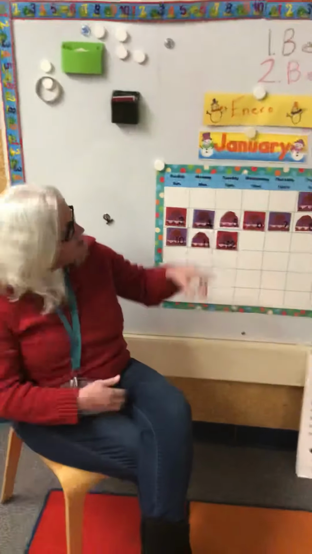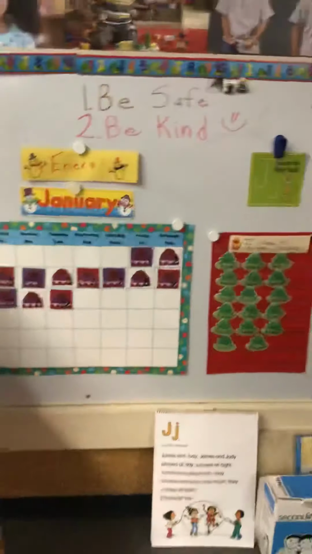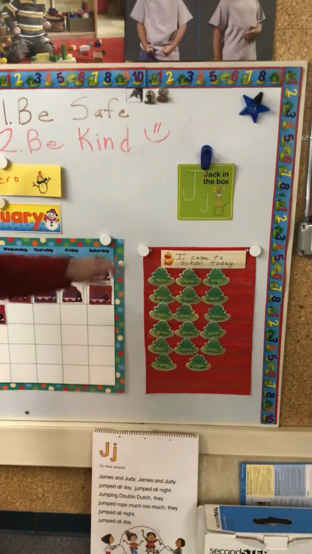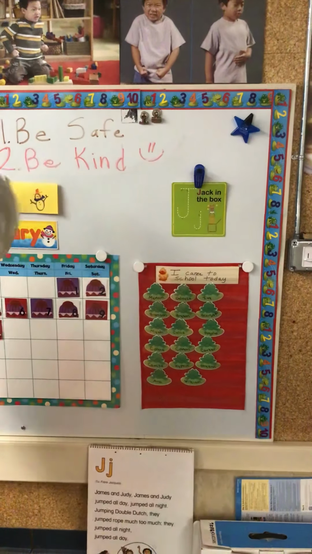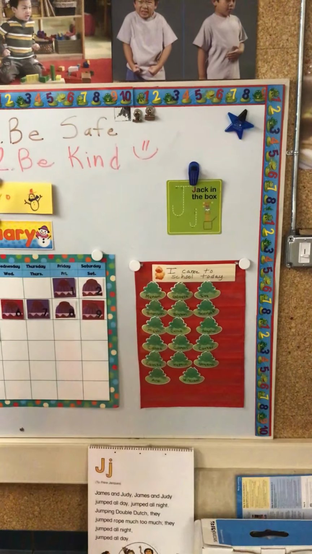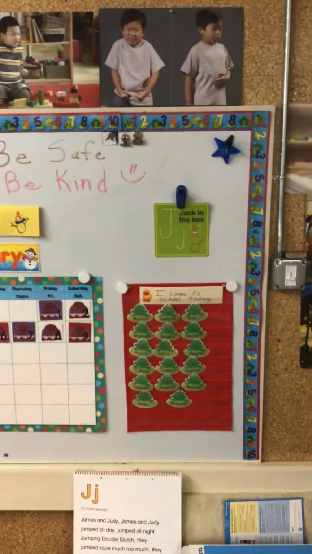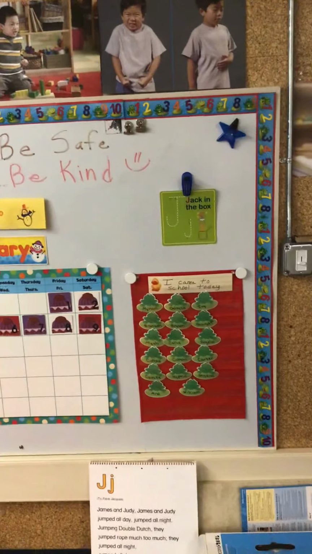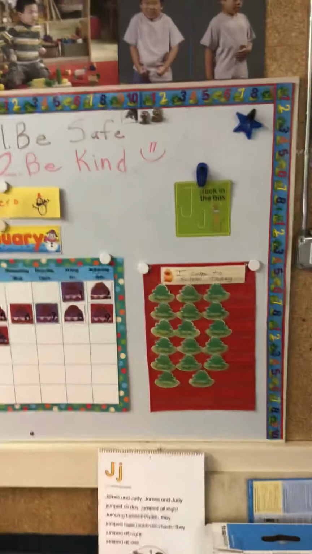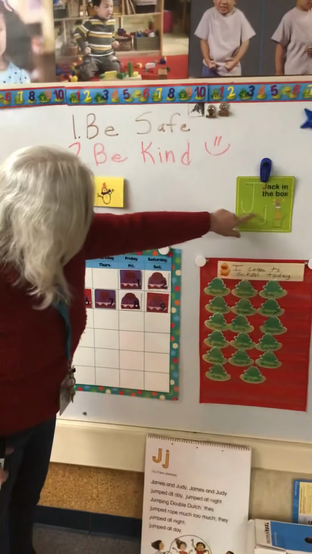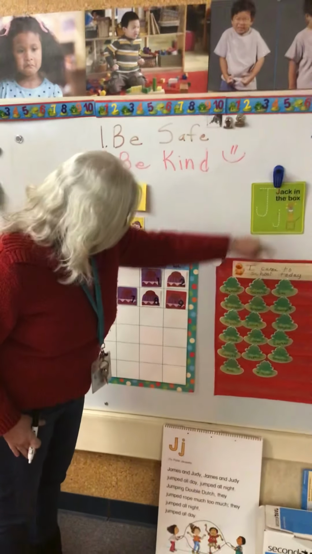What a great day to do some J tracing and then some story time and some J sounds. Let's do this first. Oh, wait. Silly teacher Jennifer forgot her magic marker. Here we go. Now we've got our letter J with a Jack in the Box in it.